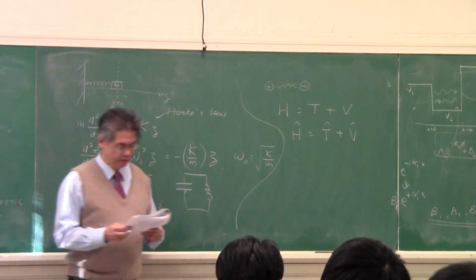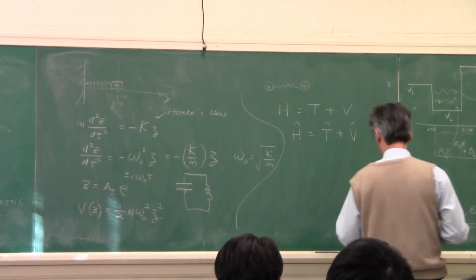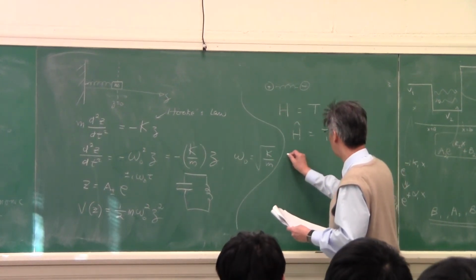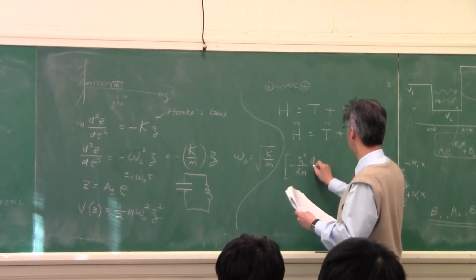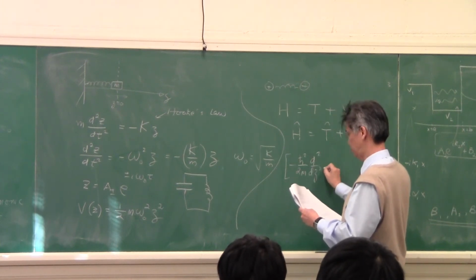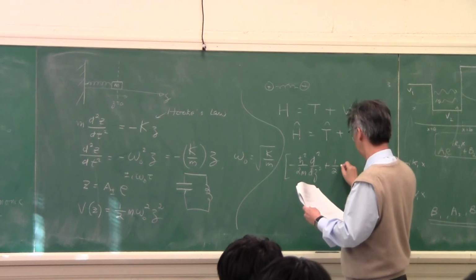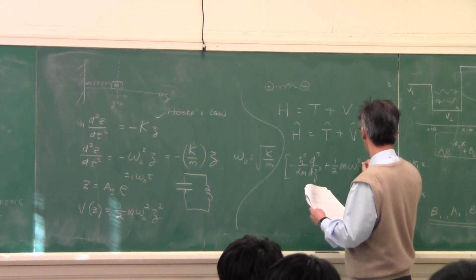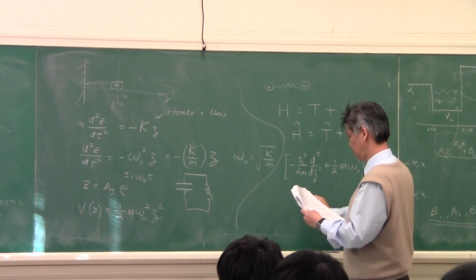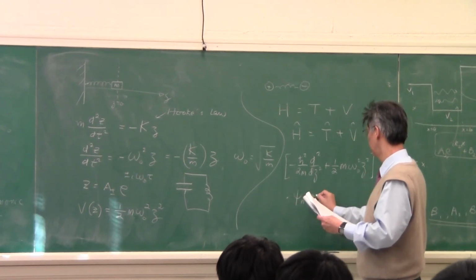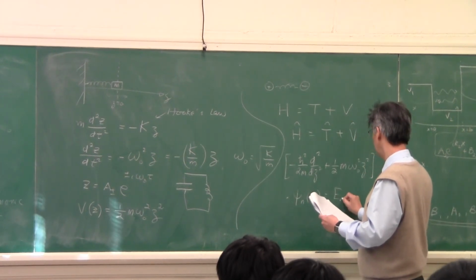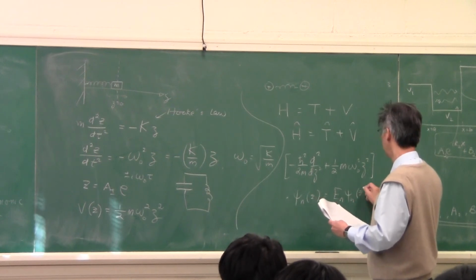So if I were to write this down, then the Schrodinger equation looks something like this, equal to E_n psi_n of z.